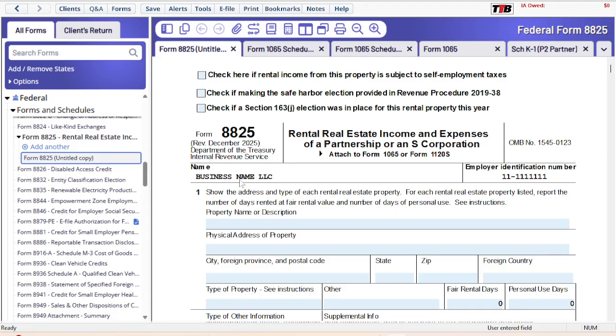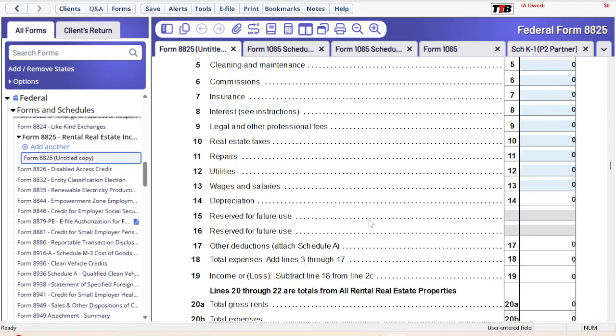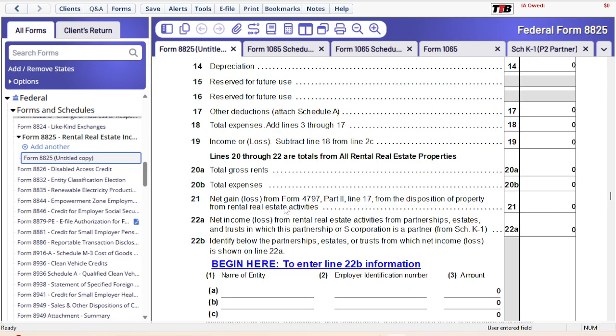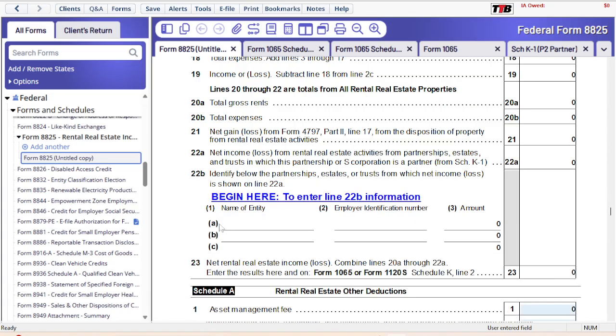Let's say you have 2 properties, you'll have property 1, you'll have property 2, and one of those Form 8825s is going to total all the gross receipts from all those properties and put it on 2b, and put all the expenses as well from 3 to 18 and put it on 20b. That's the way I understand it, and anything else as well. And let's go down here, and then it will put what name of the entity begins here.